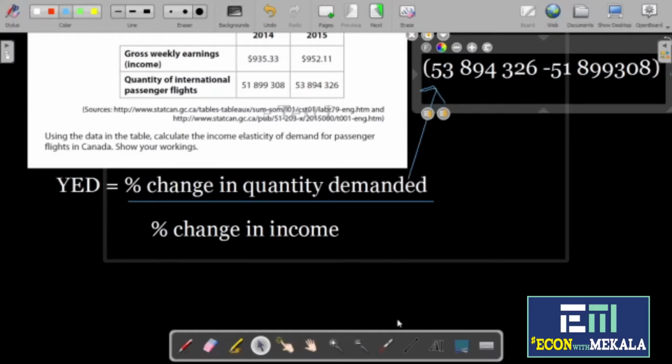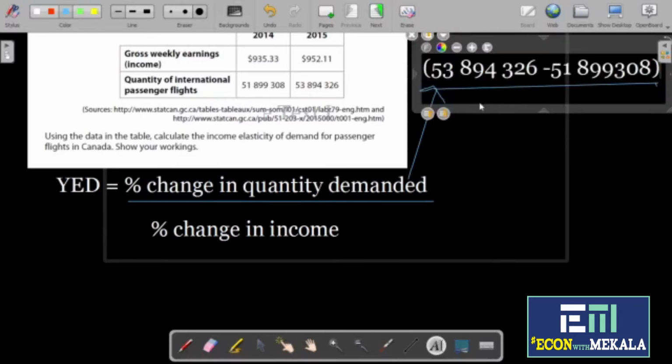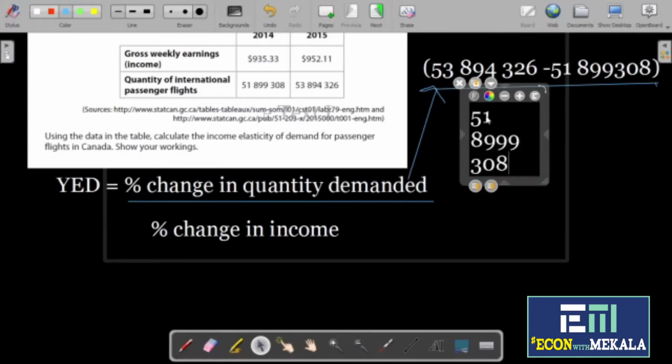So this shows the difference between 2014 and 2015. We should calculate this as a percentage against 2014 demand. So in 2014 we had 51,899,308.